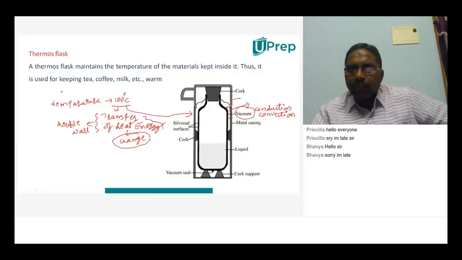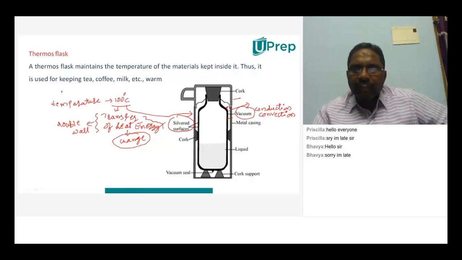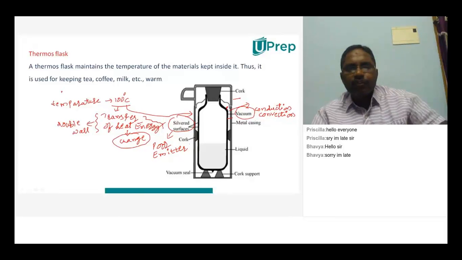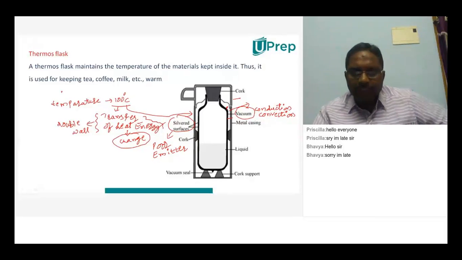A silvered surface. Why a silvered surface? Actually, it is a poor emitter. A silvered surface is a poor emitter, that means the heat energy will not be radiated much.